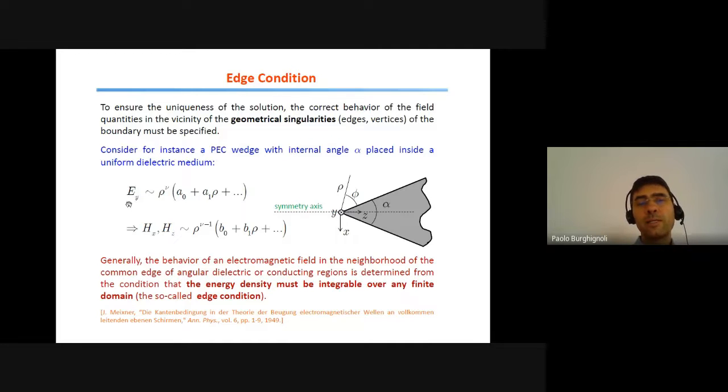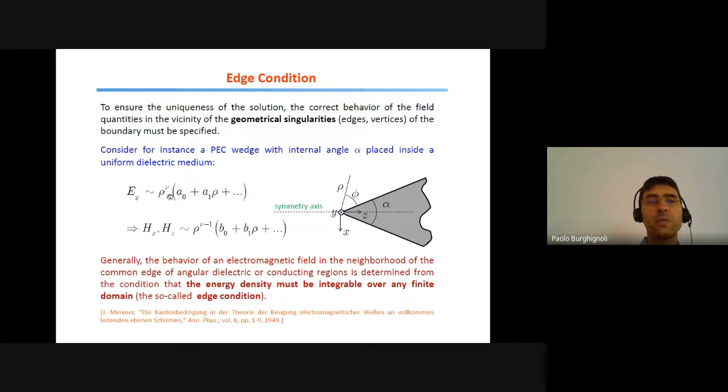What we can say in general about the behavior of the electric and magnetic field is that it can be represented by some series in a neighborhood of the edge, which could be written for this kind of problem, for example, for a perfectly conducting wedge, in the form of a power series, in which, however, we have explicitly written in front of the power series some possibly non-integer power of the radial coordinate rho.